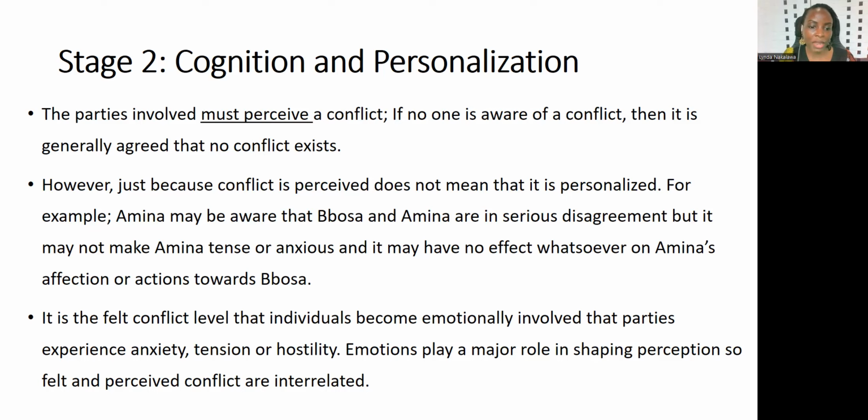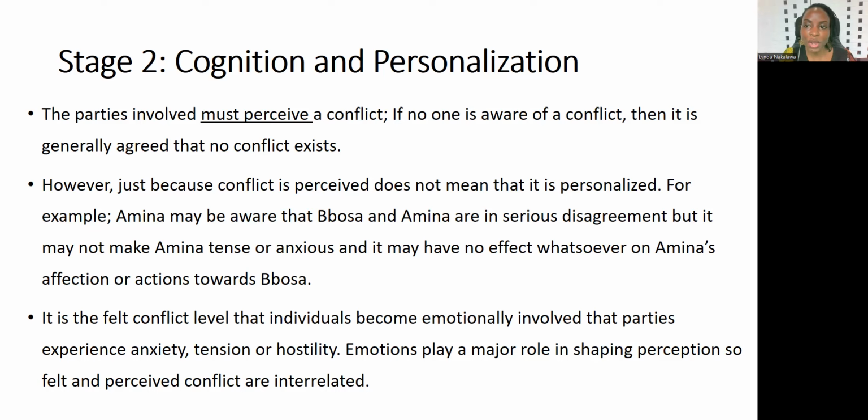So felt and perceived conflict are interrelated. There is perceived conflict, yes. The Kameza money is supposed to be 10,000, Mr. Bosa has left 5,000, but maybe Amina doesn't let it bother her, she doesn't let it stress her. But if Amina allows it to stress her and make her hostile, then that is felt conflict. Conflict keeps on growing.